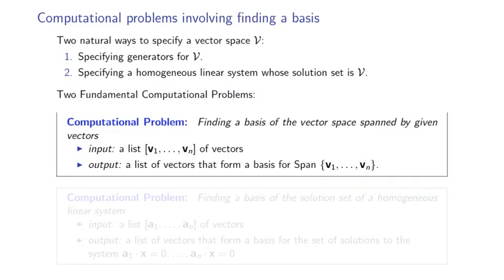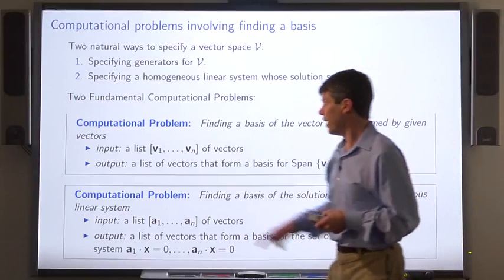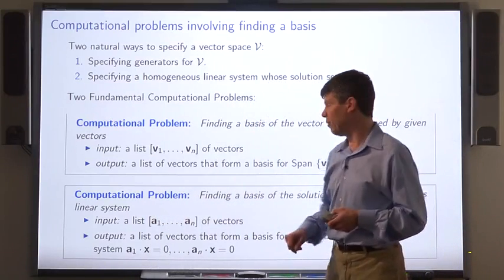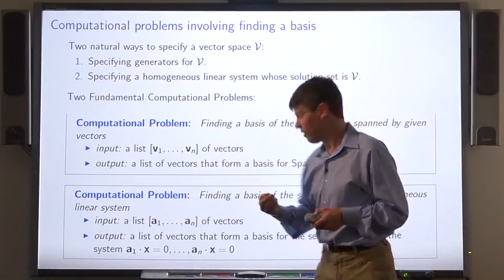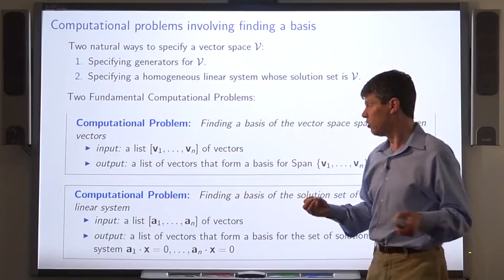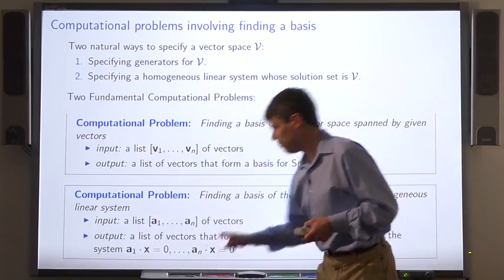Finding a basis of the vector space given by generators, that is, given a list of vectors, find a basis for the space spanned by those vectors, and finding a basis for the solution set of a homogeneous linear system. That is, given a list of vectors, say a1 through an, find a list of vectors that form a basis for the set of solutions to the homogeneous linear system a1 dot x equals 0, and so on.